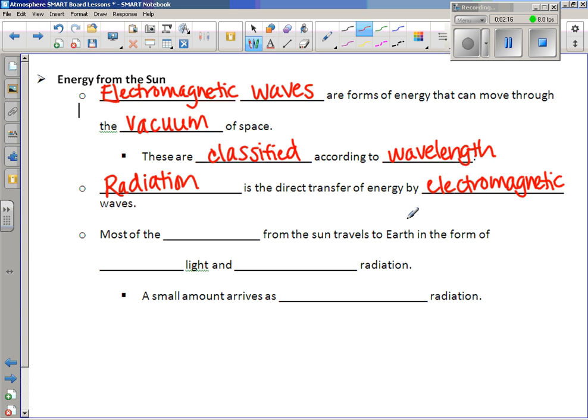Now, most of the energy from the sun travels to Earth in the form of visible light and something called infrared radiation.